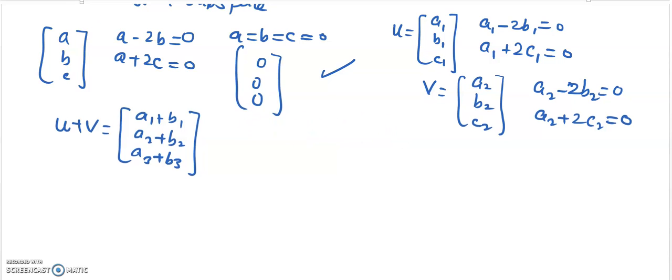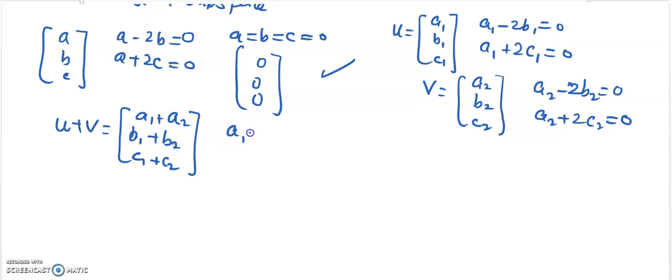Actually, I need to erase it, and it will be A1 plus A2, B1 plus B2, and C1 plus C2. Everything was wrong here. Now we apply this rule.